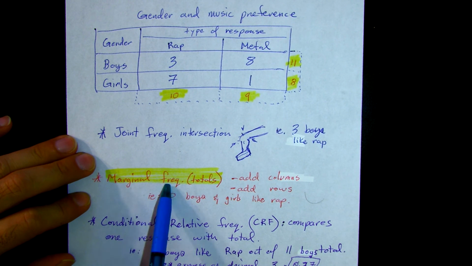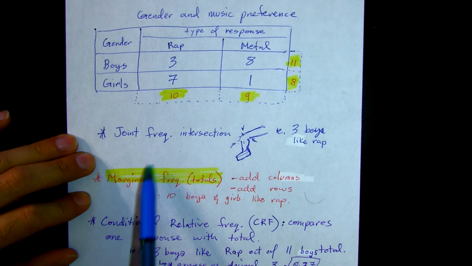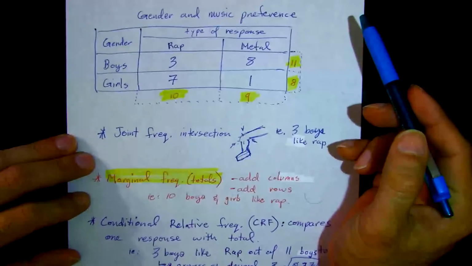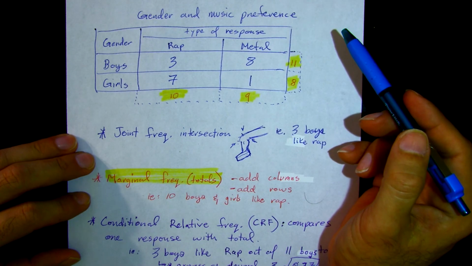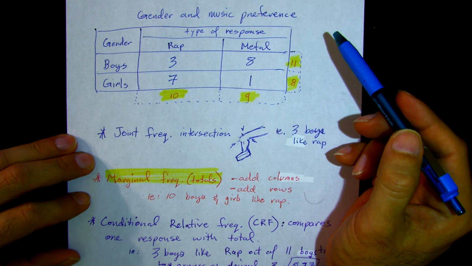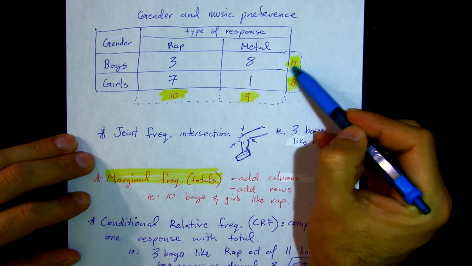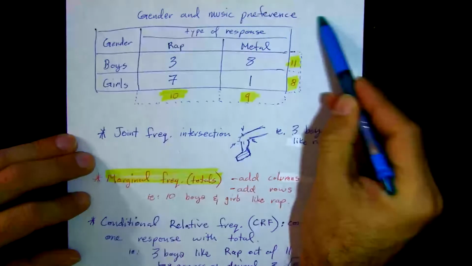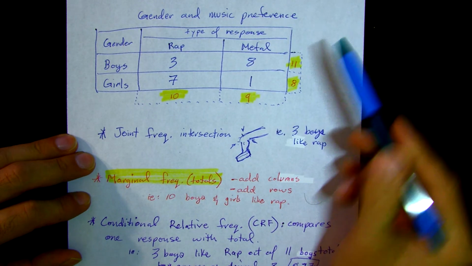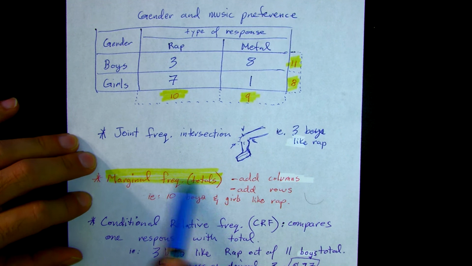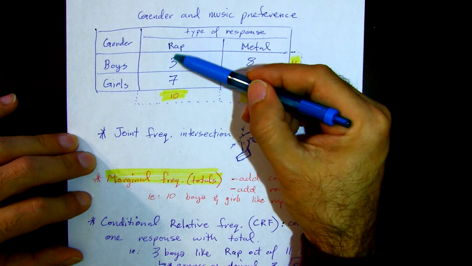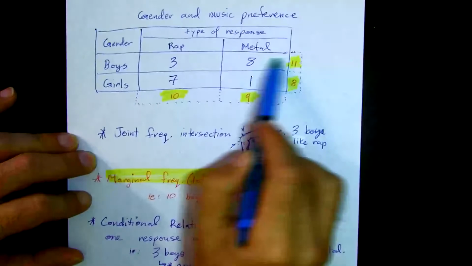The marginal, if something is on the margins, it's on the outside, right? If you're making a Word document or a Google Doc, you can set the margins, the outside boundary of how far you indent for the boundaries of your page. Same idea. Marginal frequencies are the totals of the data represented in columns and the data represented in rows.